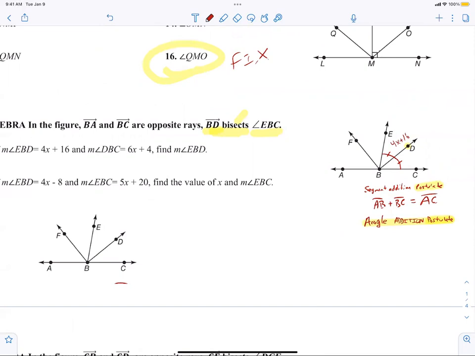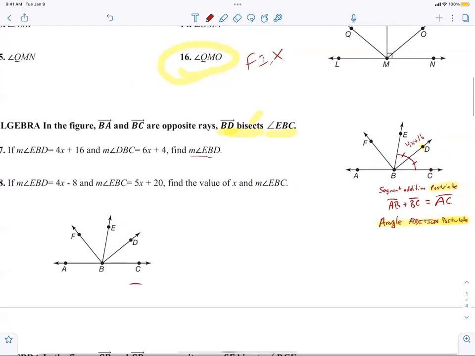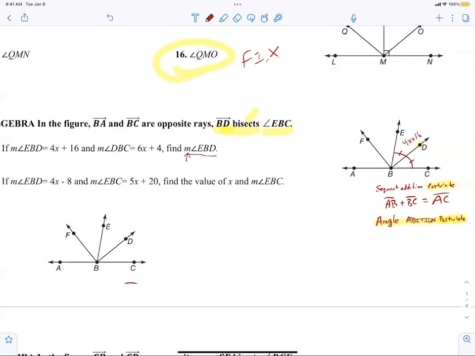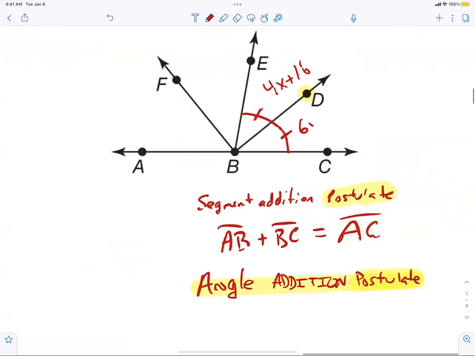It says find EBD when it says what EBD is. Find the measure of EBD. Oh. That's what this little m means. Find the measure. All right. What does DBC equal? 6x plus 4. All right. So now, someone write me an equation.